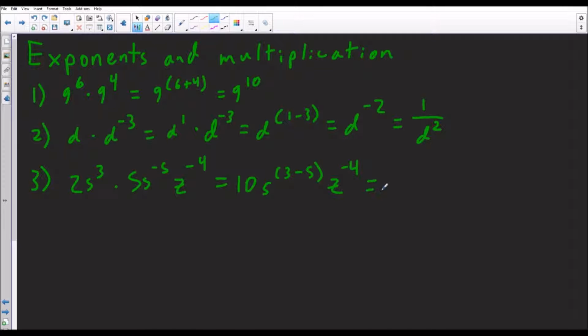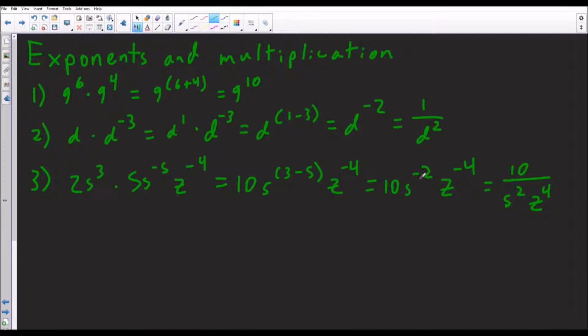So to simplify that down more, we have 10s and 3 minus 5 is negative 2. And then we have z to the negative 4.